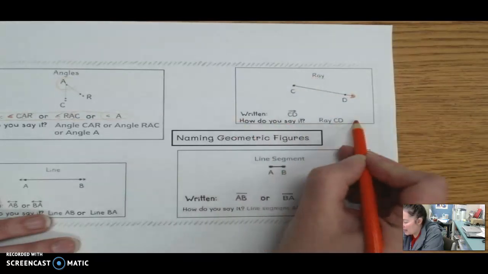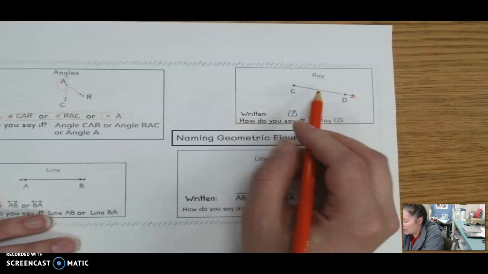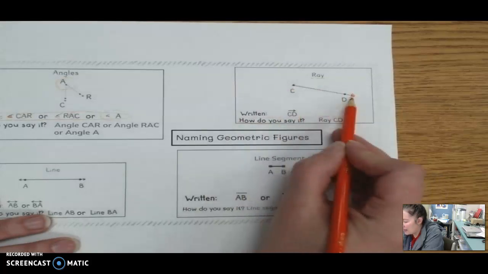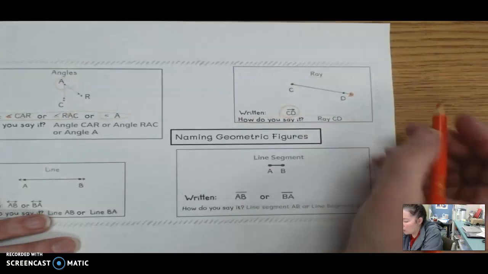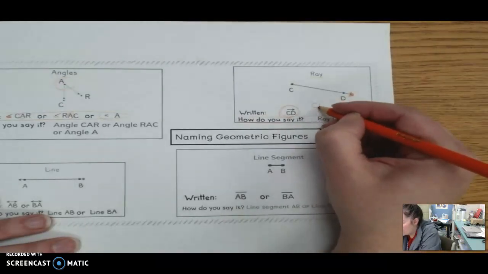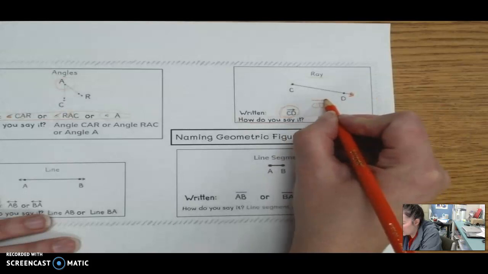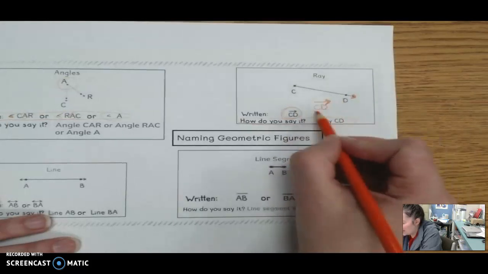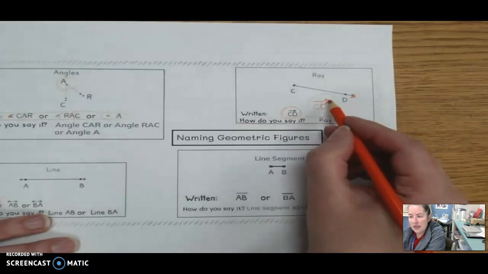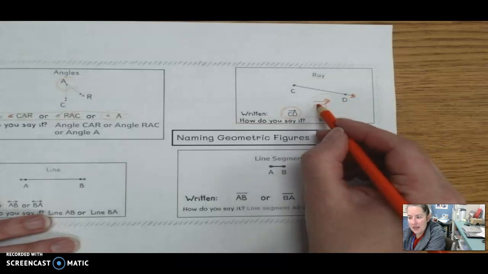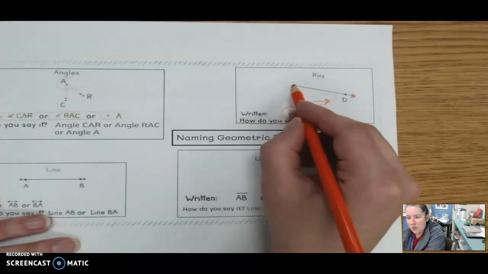You would pronounce it ray CD. This is what it looks like when you write it. You put the letters C, D, and then you do a little ray symbol on top of it. If you see this, that means it's a ray, because it doesn't have an arrow on one side and it has an arrow on the other, and then CD. So that's ray CD.